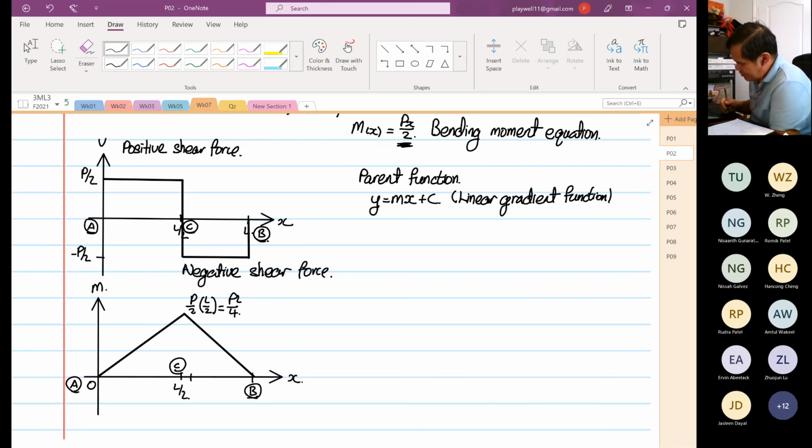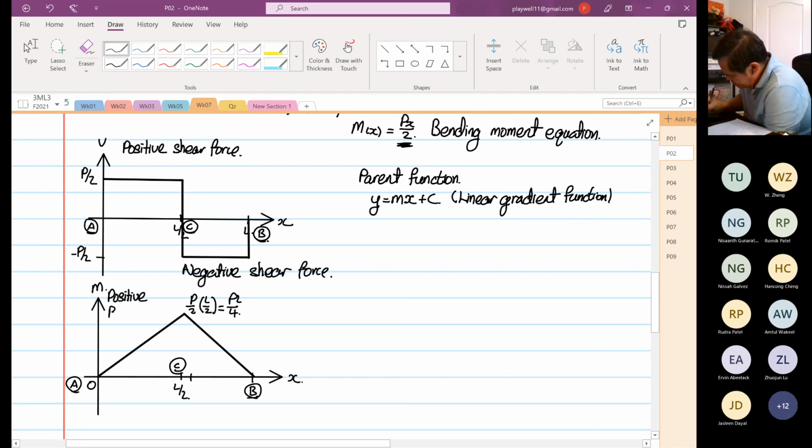So what you see over here, from 0 to L over 2, you have positive, no, hold on, not positive moment, positive gradient.